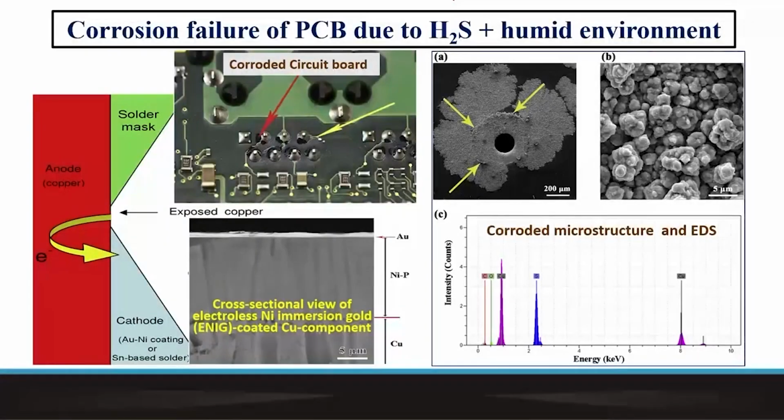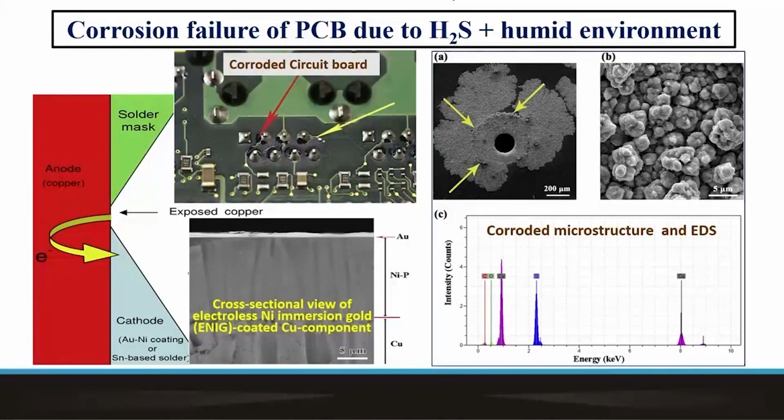So just imagine, this is just to show you that when failures occur, typically say in printed circuit boards, due to the presence of aggressive molecules or ions like hydrogen sulfide or presence of humidity, it causes an enormous amount of damage.